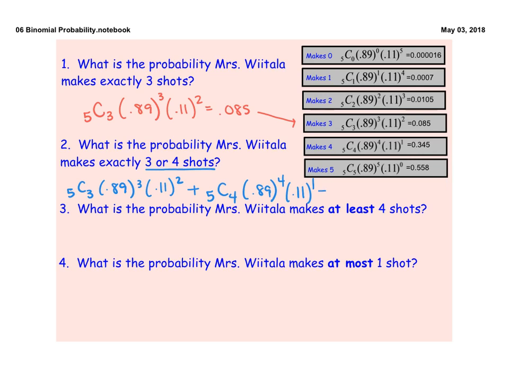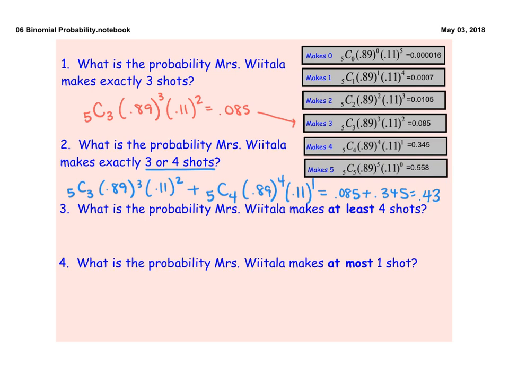Now, if I add those together, 3 was 0.085 plus making 4 is 0.345. I'm going to want to add those ones up. Okay, so 0.085 plus 0.345. All right, so I get a total of 0.43.